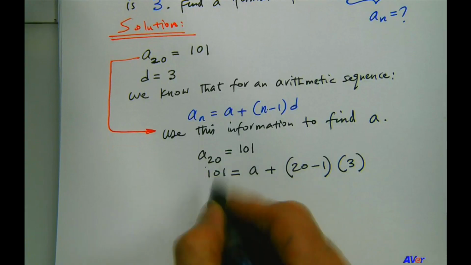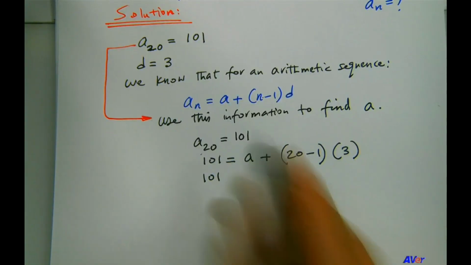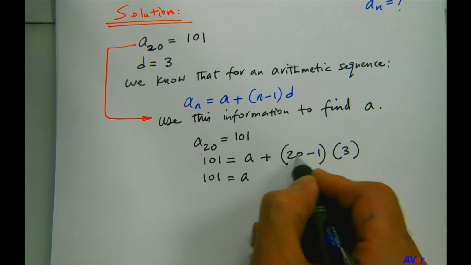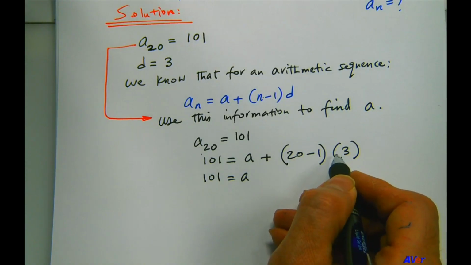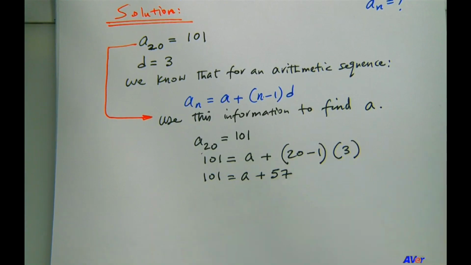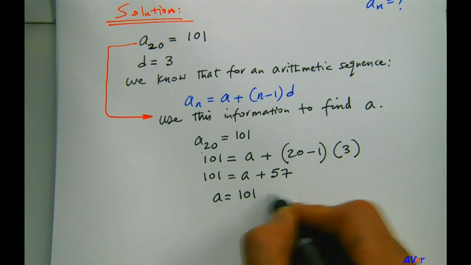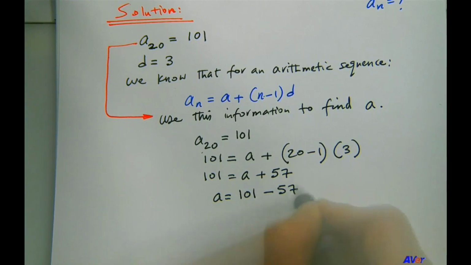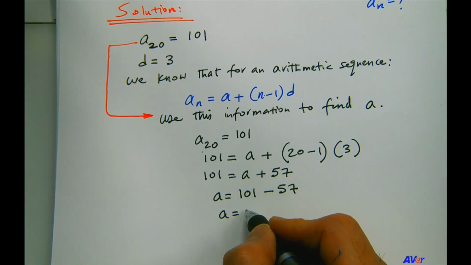So let's do that. We have 101 equals A plus, that's 19. 20 minus 1, 19, times 3, that is 57, right? A plus 57. So A would be equal to 101 minus 57. Just doing the algebra on that, okay? So A is equal to 44.